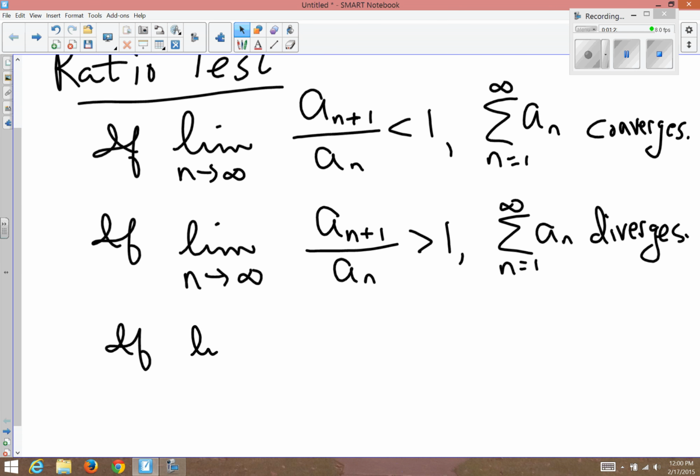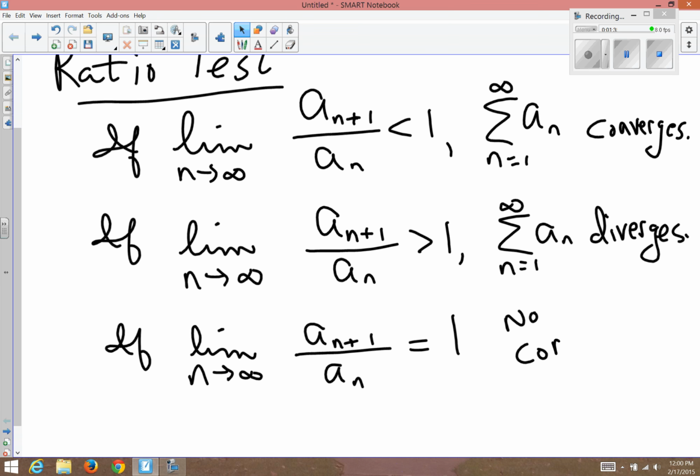If the limit of a sub n plus 1 over a sub n as n approaches infinity is 1 exactly, then we can make no conclusion. We would say the ratio test would be inconclusive.